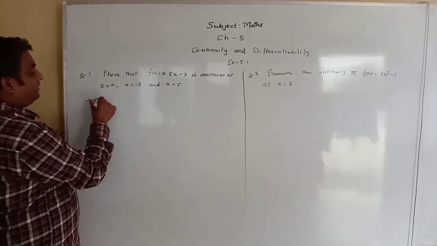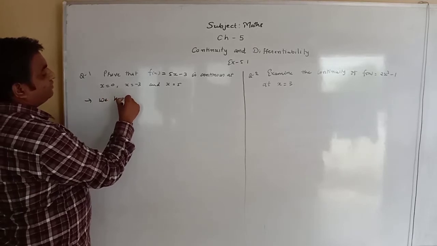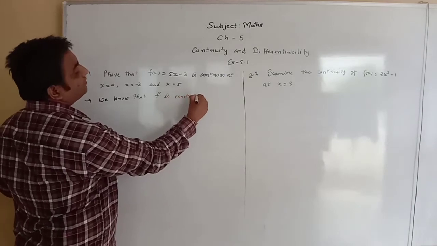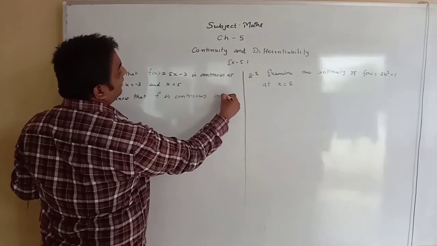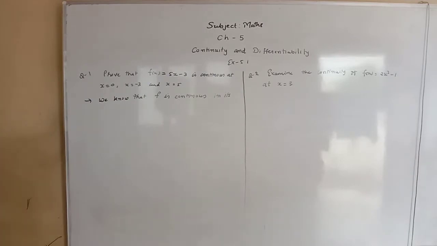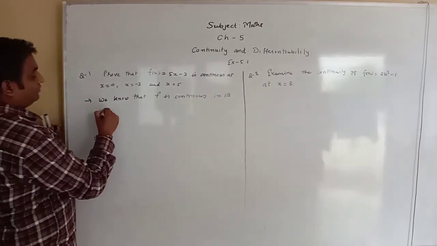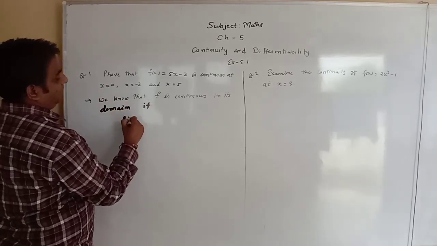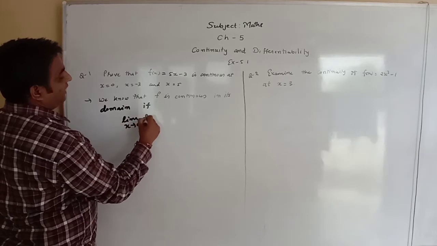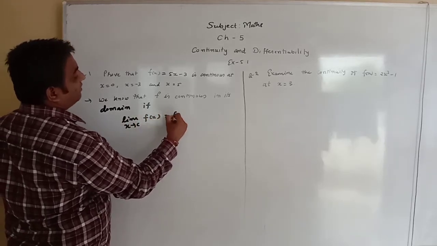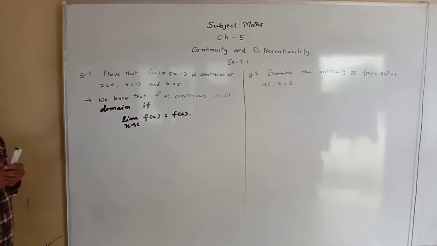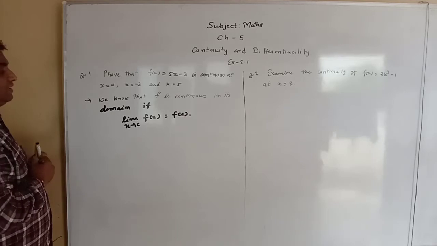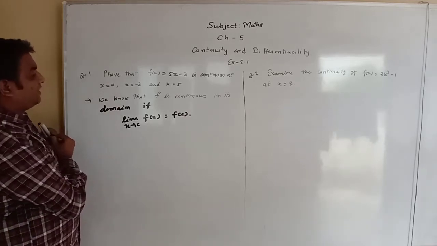So we know that f is continuous in its domain if limit x tends to c f(x) equals f(c). If f is well defined in its domain, then limit x tends to c f(x) equals f(c). And so here, first we are given c equals 0.